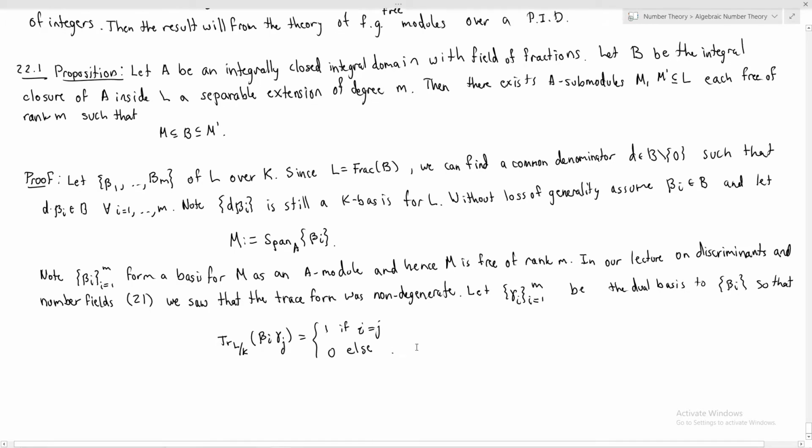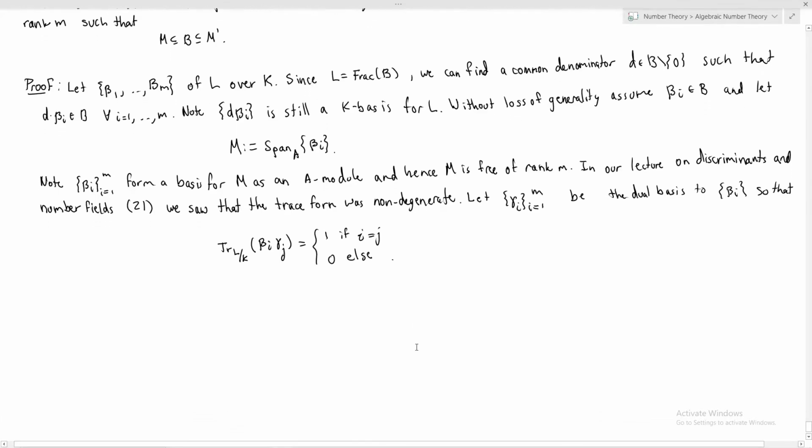Remember this: to construct a dual basis, you basically use the bilinear pairing to give you an isomorphism between L and the linear dual, and these gamma sub j's are the elements which map to the dual basis of the linear dual to L. If this is confusing, I would go back and look at the lecture on bilinear forms.